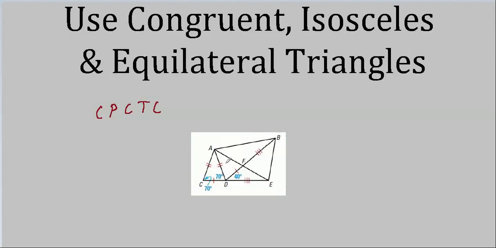So we showed these two triangles congruent, and then we showed a couple of bigger triangles were congruent, and then used the fact that since the larger triangles were congruent, we just matched up the angles and said they had to be congruent also, because that's the definition of congruent triangles. They have congruent sides and congruent angles.